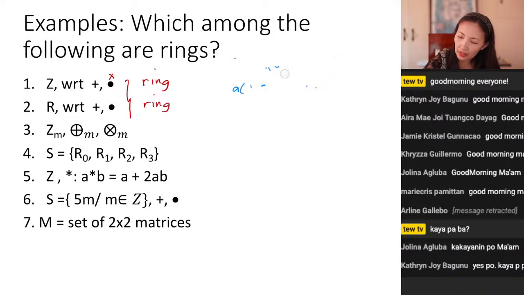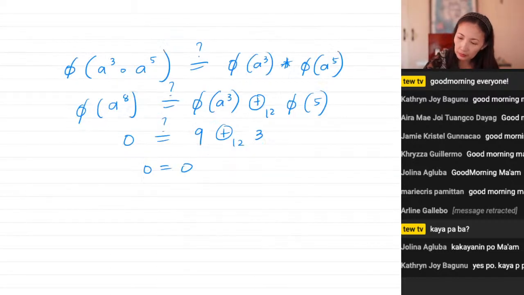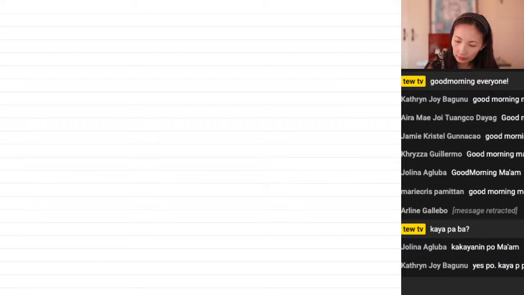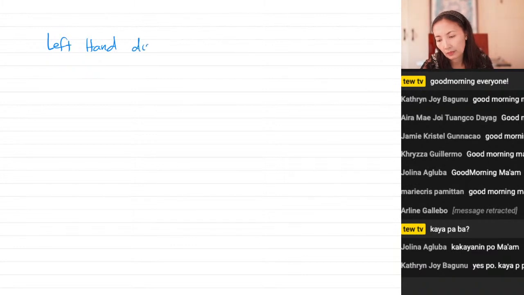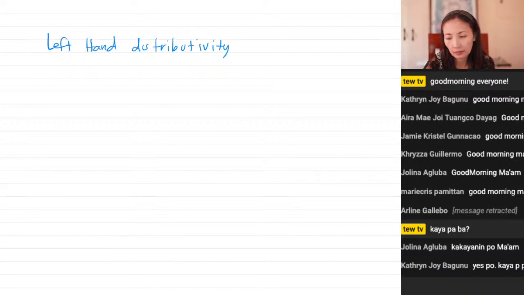Your left and right-hand distributivity. That's left distributivity.